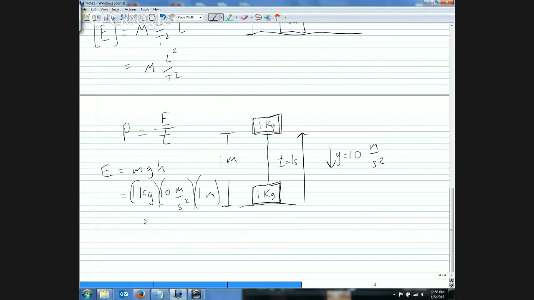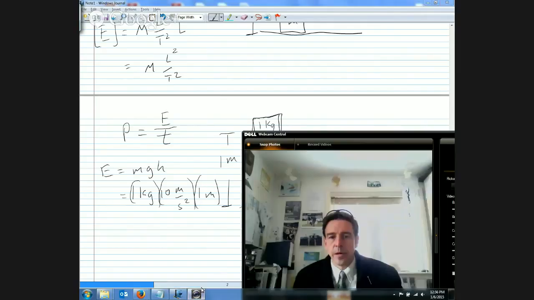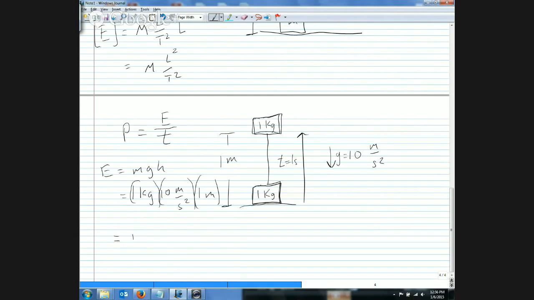Another thing to keep in mind is we're going to treat the numbers and the units separately. So all we have to do is 1 times 10 times 1, 10. And then the kilogram meters squared per second squared. We'll see what that is in a second. So equals 10 kilogram meters squared per second squared.